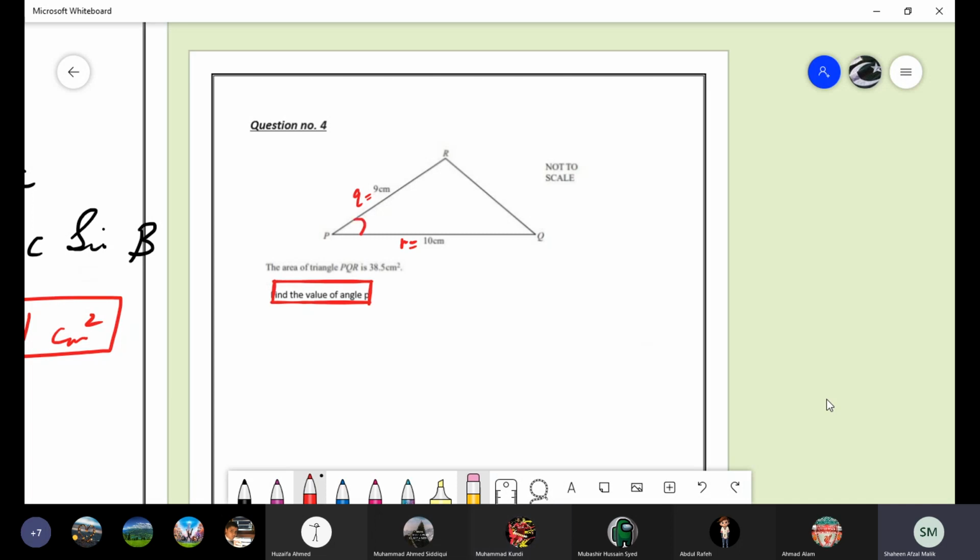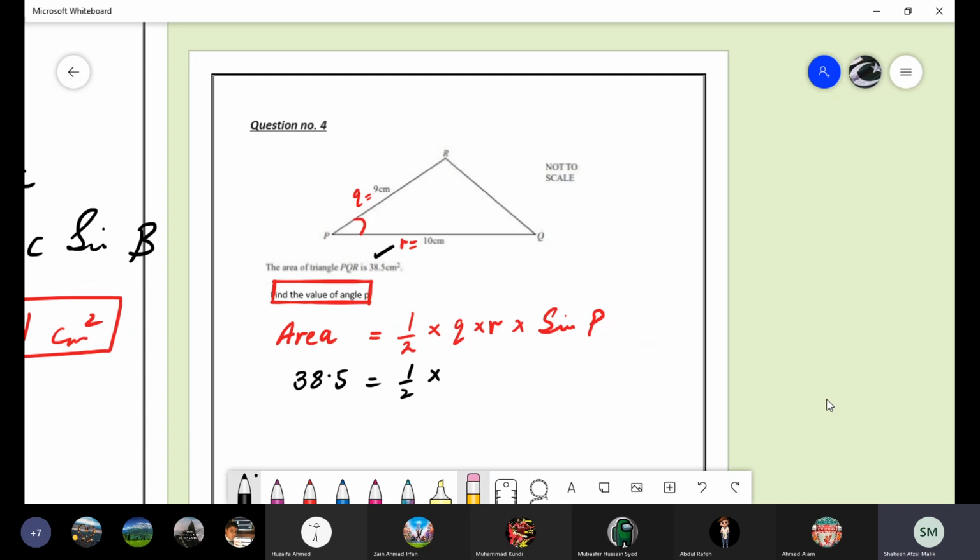The area of the triangle PQR is already given to you. So what will be the area formula here? Ma'am, 1 by 2 Q R sine of P. Yes, 1 by 2 Q into R into sine of P. And remember that area is already given to you, that is 38.5.